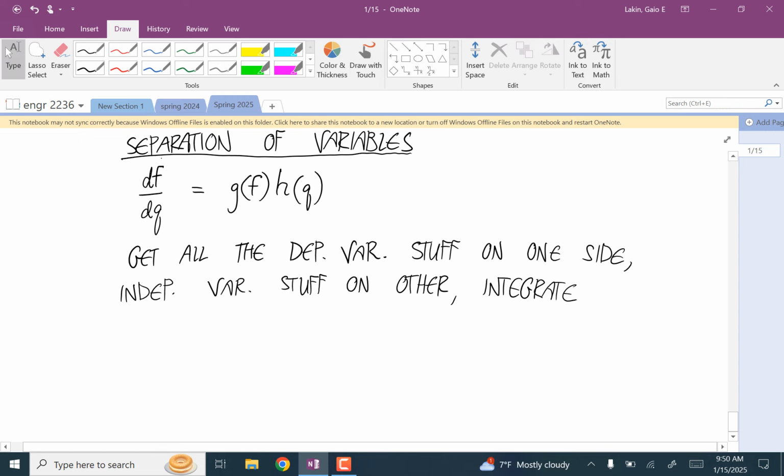We'll talk about that on Friday. I'm going to write this as df over g of f equals h of q dq. And now we can integrate this with respect to f and integrate this with respect to q and get the solution.